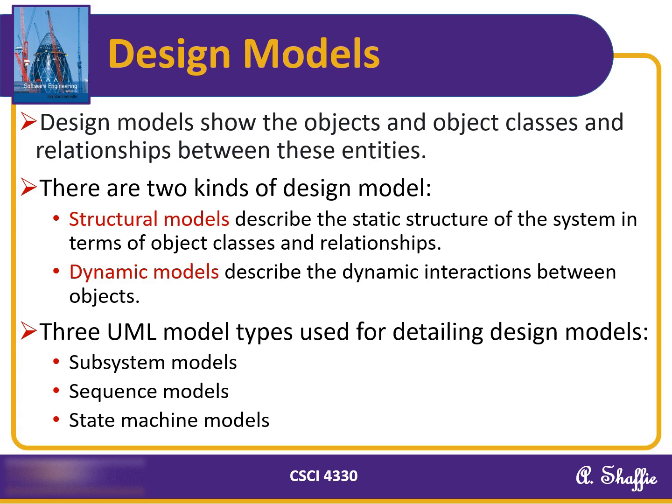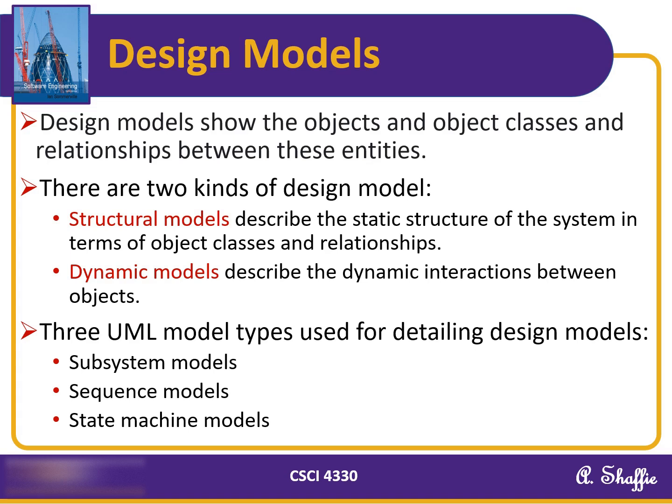There are two kinds of design models. The first one is the structural model. This focuses on the static structure of the system, describing objects, classes, and the relationships between them. And dynamic models, which capture the dynamic interaction between objects during system operation or execution.